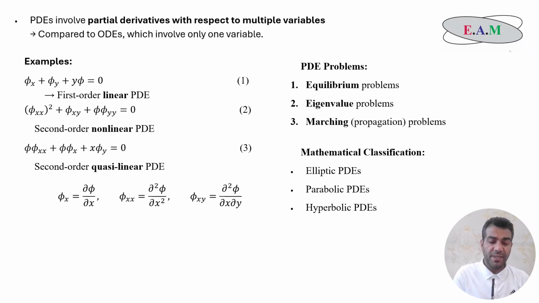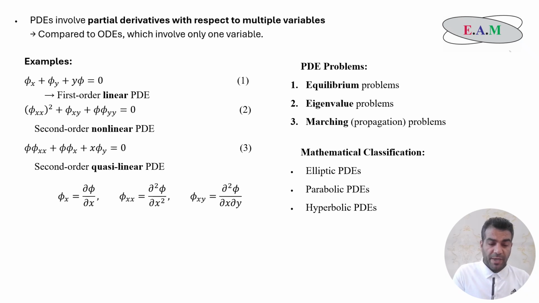The second one is nonlinear and second order due to the squared second derivative and the product with the dependent variable. And the third is called a quasi-linear PDE. It is second order and nonlinear, but it is still linear with respect to the highest order derivative.